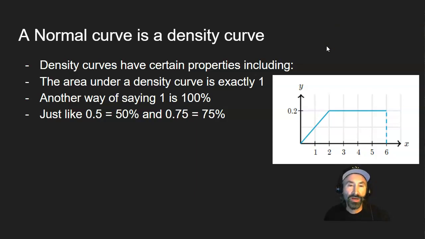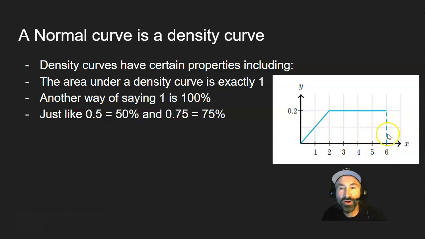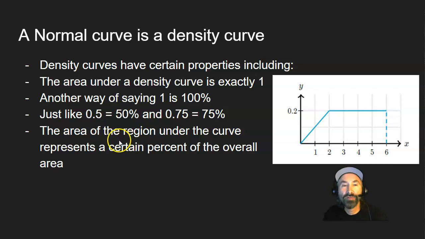Okay, so when we have a density curve, when we say the area under the curve is 1 or 100%, another way to look at it is that the area under the curve actually represents 100% of our data. There it is, the area of the region under the curve.